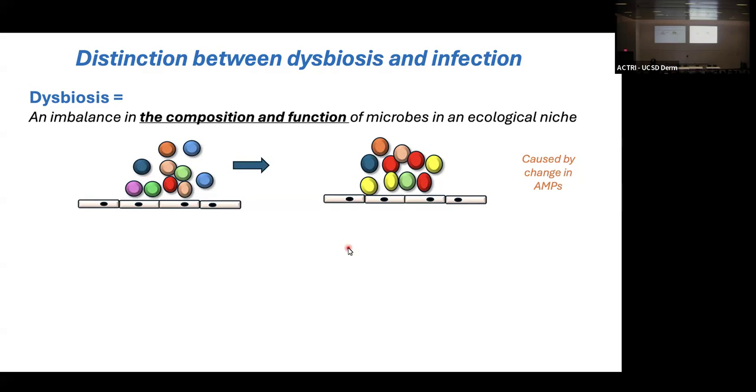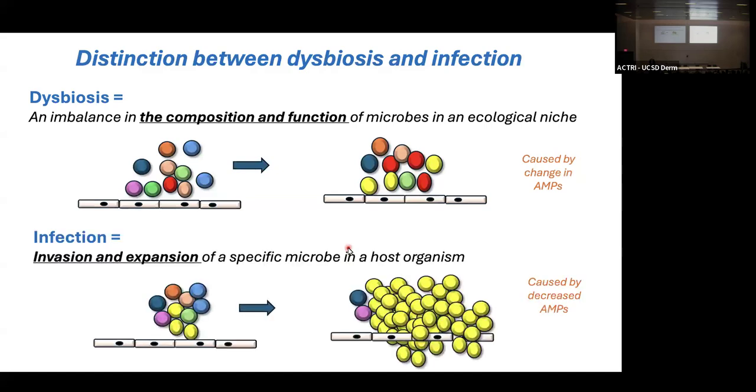And maybe a new one shows up, like the yellow one here, which I'm using to represent Staph aureus, which appears in gut dysbiotic communities. And that's very different than an infection, which would be defined by us as true disease, where typically what you have there is one specific strain just greatly expands, so you have a lot of Staph aureus. And not only that, penetrates through the epithelial barrier.